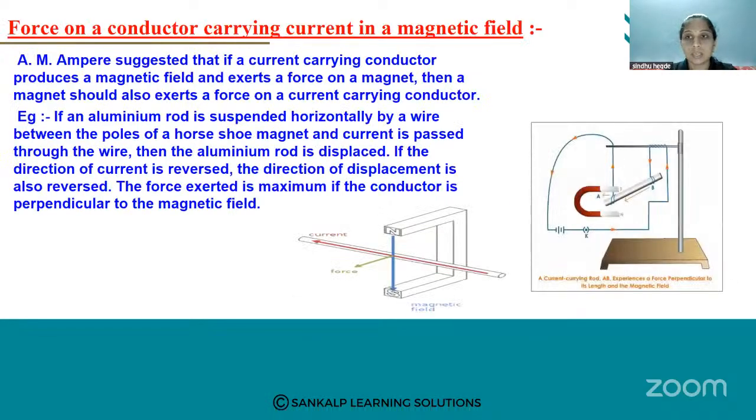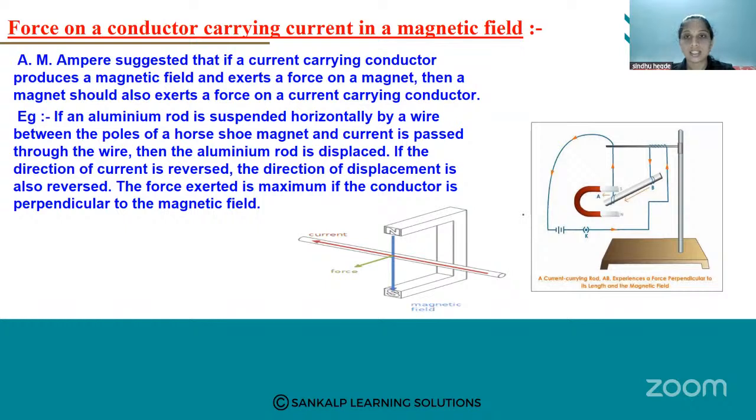Let us study more concepts in today's class. First is force on a conductor carrying current in a magnetic field. See here, we know that when the current flows through a circuit, a magnetic field is generated.